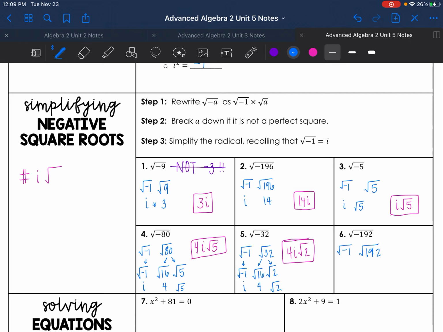You should have already found that it was 64. And then this became i, the 64 became 8, and then the square root of 3 stayed. So 8i radical 3.